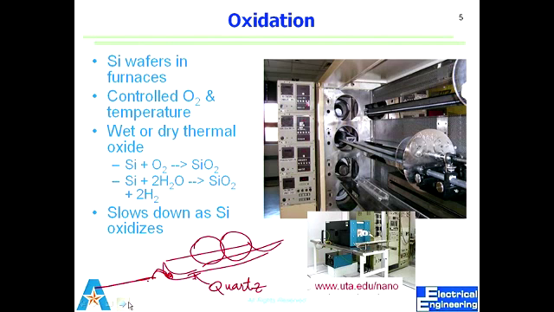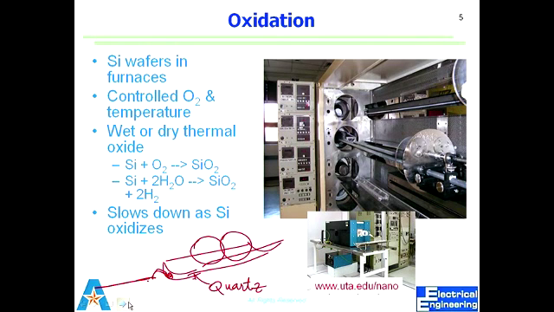Water vapor. Those who have lived close to the coastline know that water is generally very corrosive. If you live close to the coast, metal oxidizes very fast. Things go bad very quickly. So, with water content, it's fast. Without water content, it's slow.